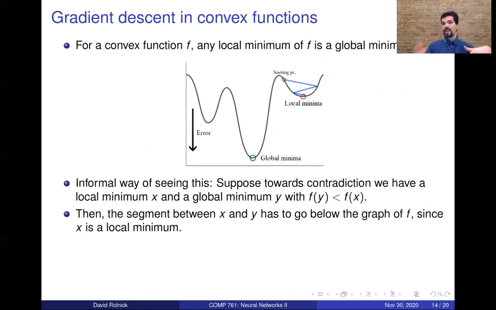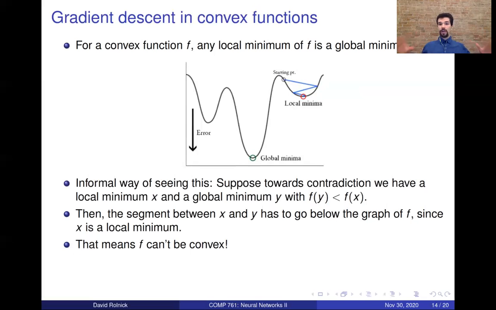You could also prove it from the second definition with the Hessian, showing that if the Hessian is positive semi-definite, then every local minimum is also a global minimum. But in this case, you couldn't have f be convex. We have a contradiction because the segment which is supposed to be above the graph is actually below the graph.